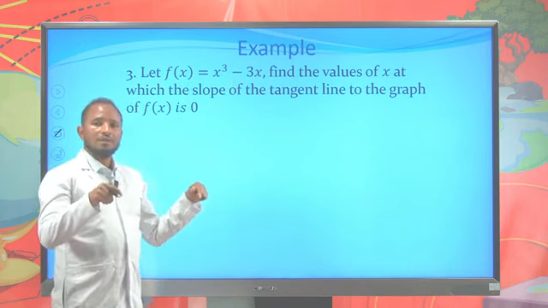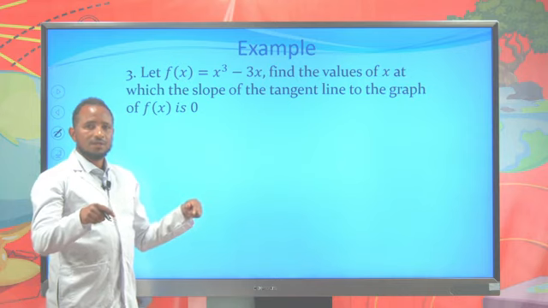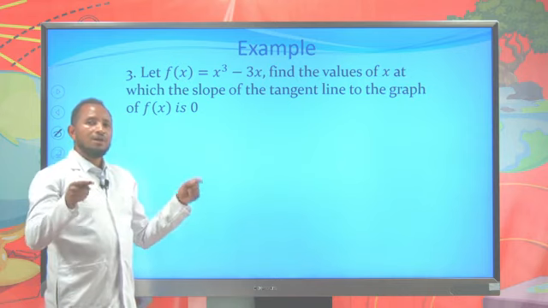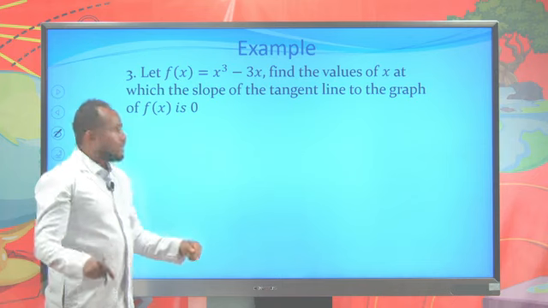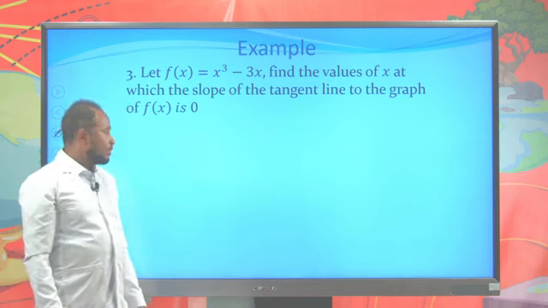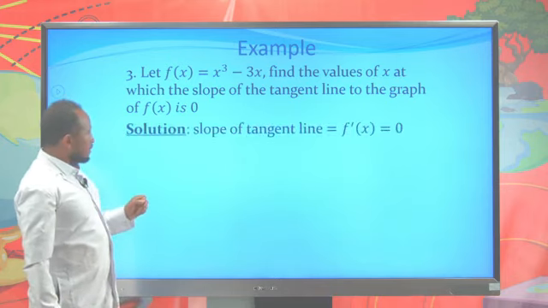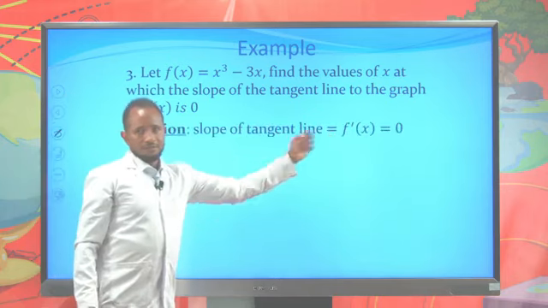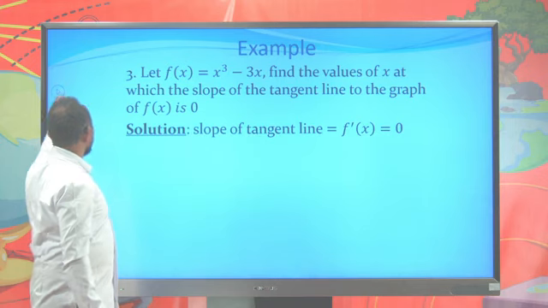In other words, find the value of x at which the derivative of this expression is 0. So let's find the value of x.